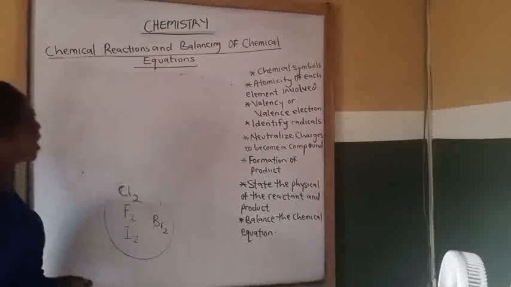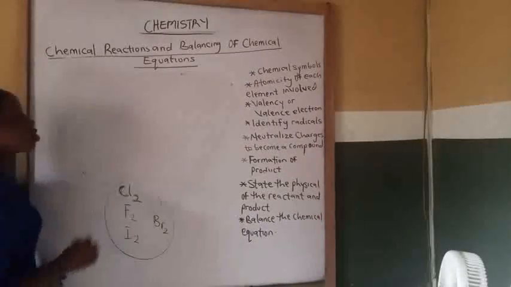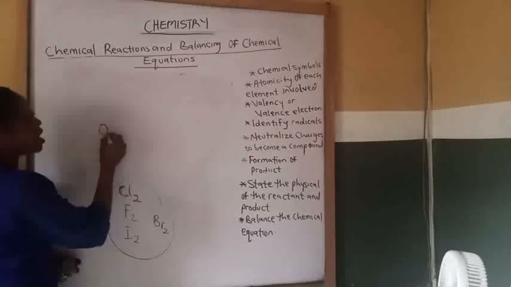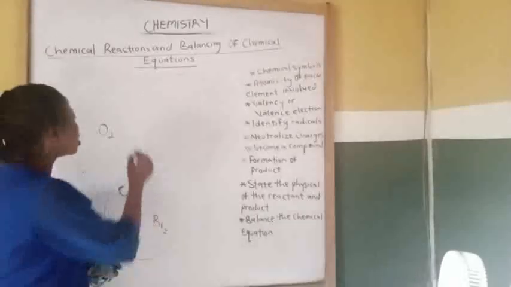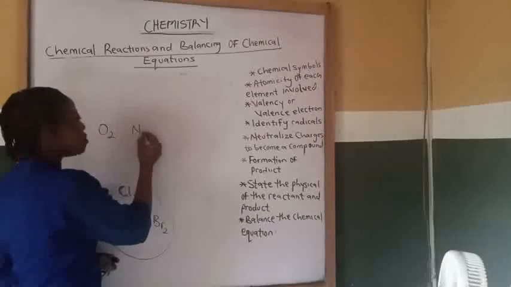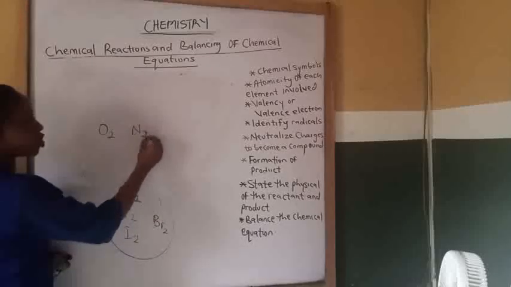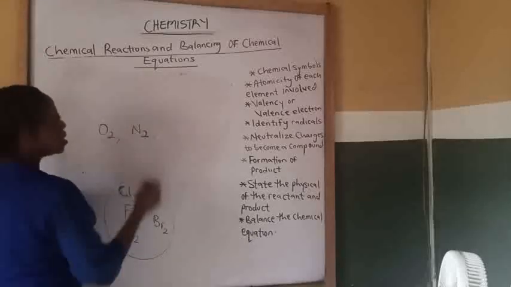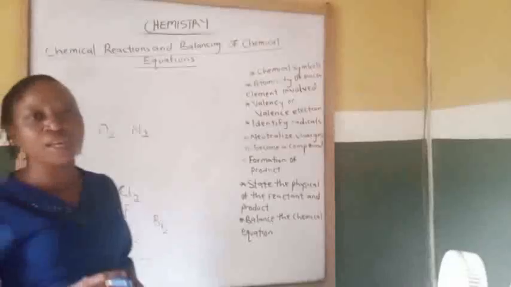Then oxygen. Oxygen is also a diatomic gas. So when you write oxygen during chemical reaction, you have to put subscript 2. Then nitrogen is also a diatomic gas. So nitrogen is a diatomic gas. So all these elements are diatomic gases.